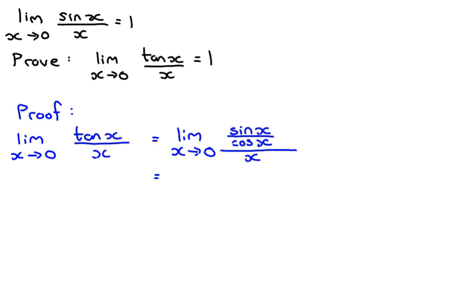Okay, so now we can rearrange that. So I've got the limit as x tends towards 0 of sine x over cos x multiplied by 1 over x, and then I'm going to rearrange that.